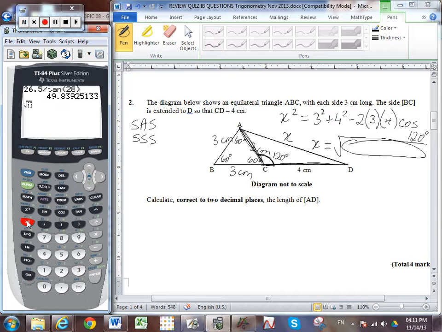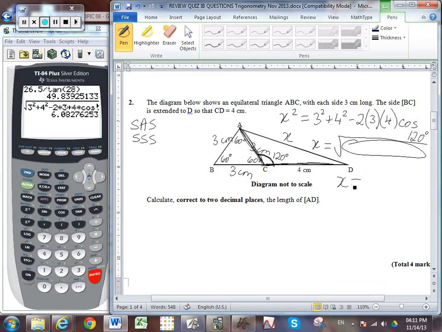So the square root of, and here we go, 3 squared plus 4 squared minus 2 times 3 times 4 times cosine of 120. And I'm done. And I've got 6.08. Okay, so x is equal to 6.08 to 2 decimal places. That's right. And don't forget units, centimeters.